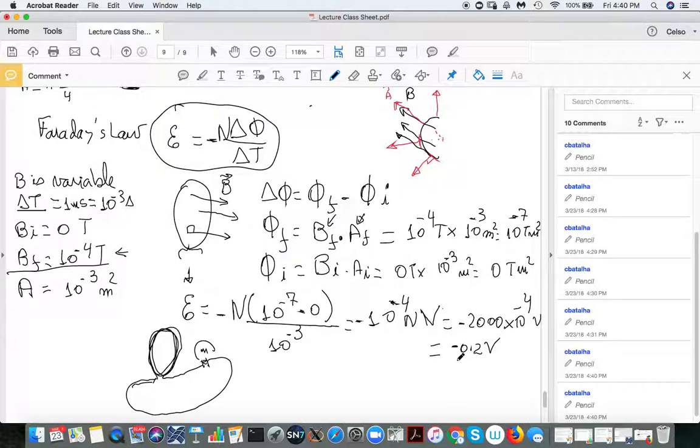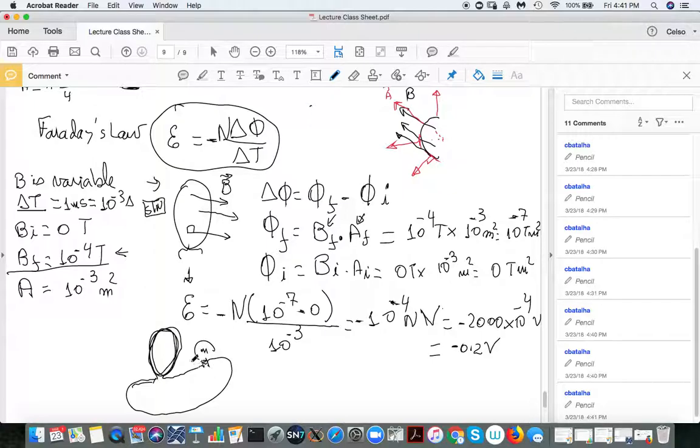Well, negative 0.2 volts is interesting. It's a small voltage. But if you could conceive that the time in which these changes are occurring is shorter, or that you have a magnetic field that is stronger than 10 to the minus 4, let's say you have a much stronger magnet, maybe moving in and out or something like that.